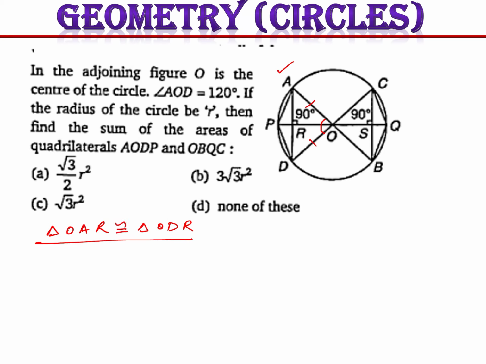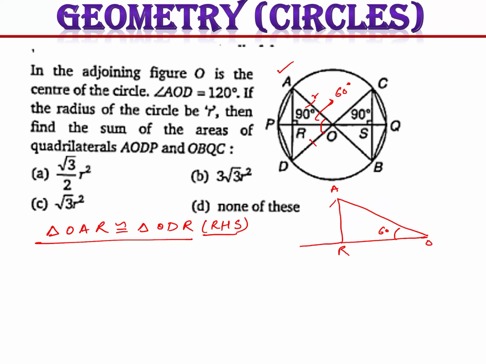So the two triangles are congruent by RHS congruency, which means this angle will be of measure 60 degree. I have to find the sum of the quadrilaterals OADP and OBQC. Now see here, radius is R. I'm just making the figure here so that it's more clear. This angle is 60 degree. This is A, R and O.